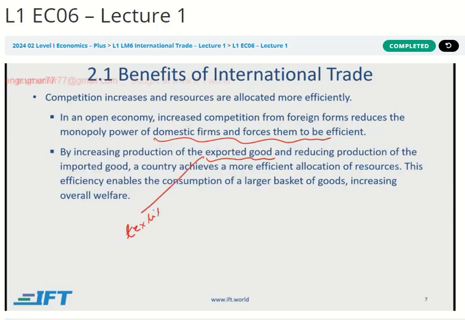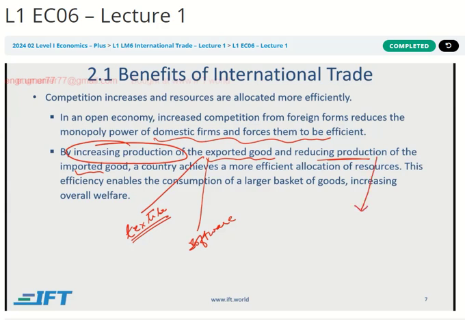So maybe India is not the best at making fridges or cars, but if it is the best at making textile or, let's say, software or back office services like call centers or whatever. The point is that every economy then finds its forte, its niche, its expertise, its competitive advantage, and focuses on increasing the production of that good and reducing the production of the imported good because you're not good at it. I mean, you're not bad at it.